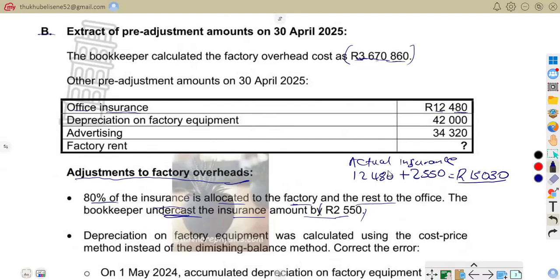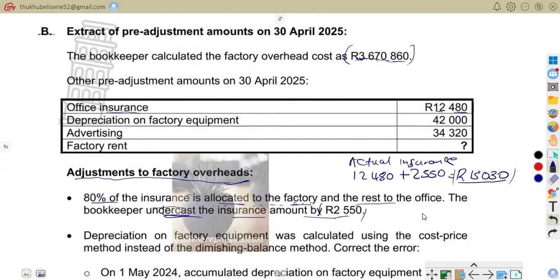Then we were told that 80% of the insurance is allocated to the factory. So we have our actual insurance now. The 80% of that is allocated to the factory and the rest to the office.